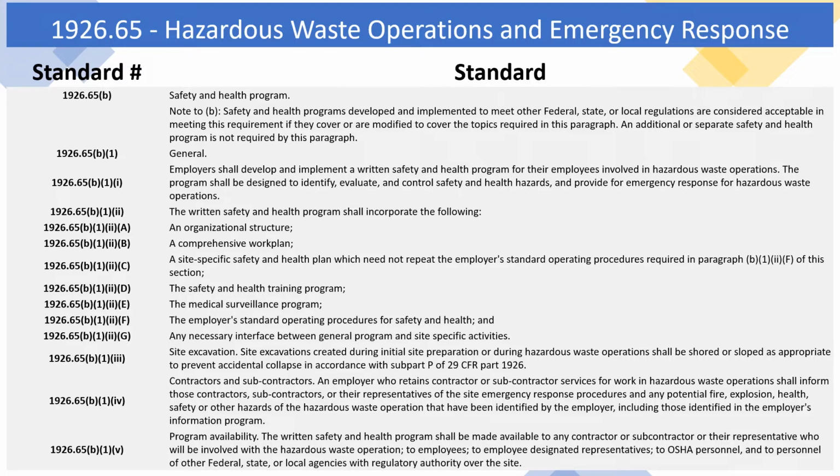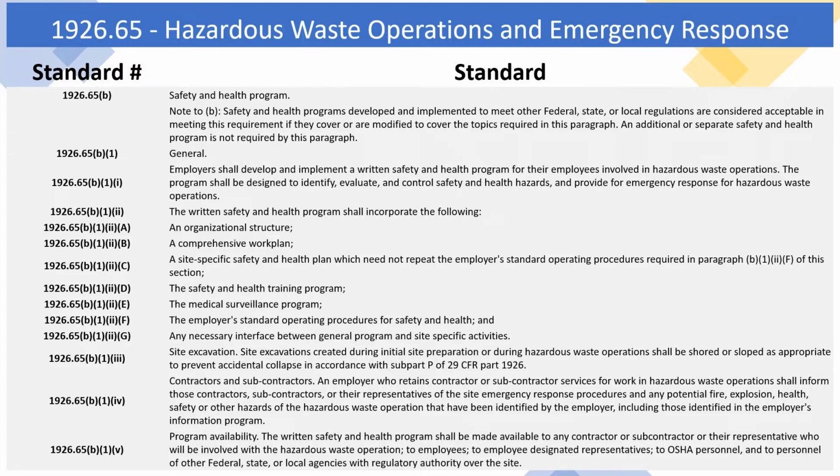(b)(1)(ii)(A): An organizational structure. (B): A comprehensive work plan. (C): A site-specific safety and health plan which need not repeat the employer's standard operating procedures required in paragraph (b)(1)(ii)(F) of this section.